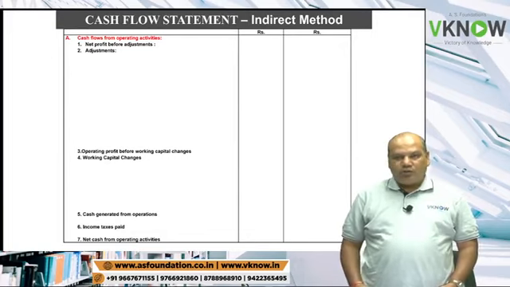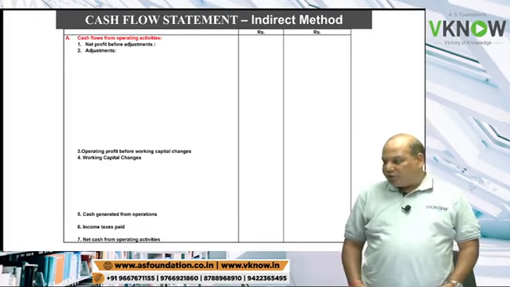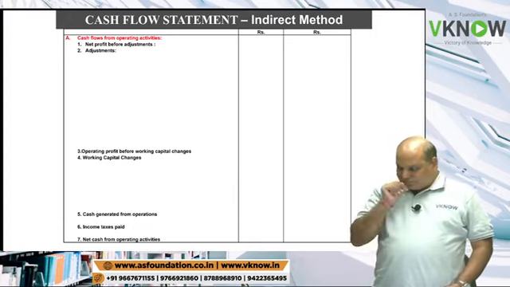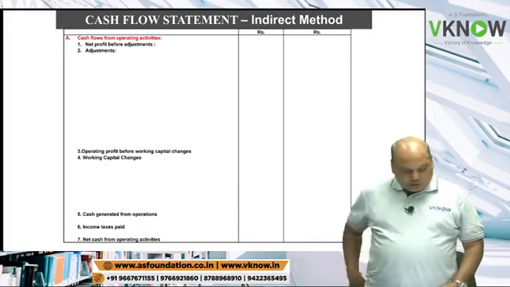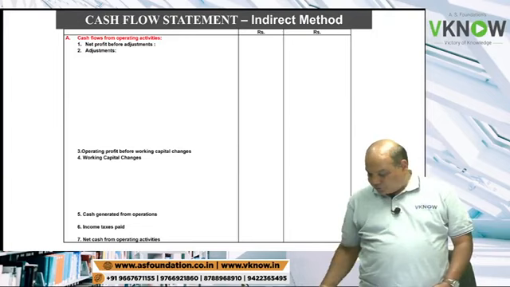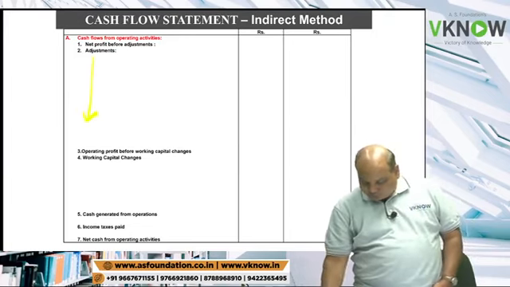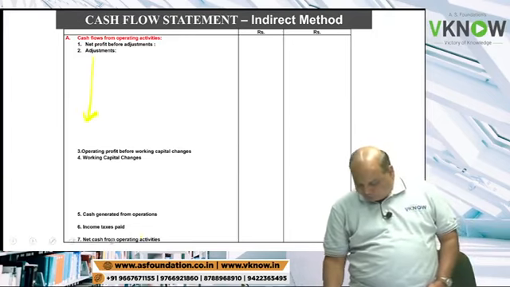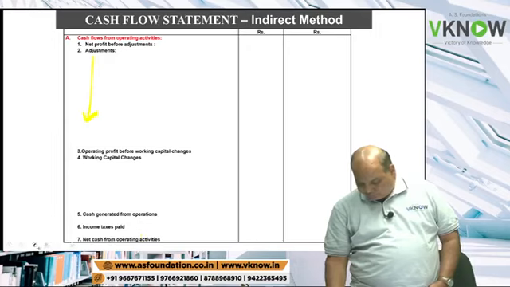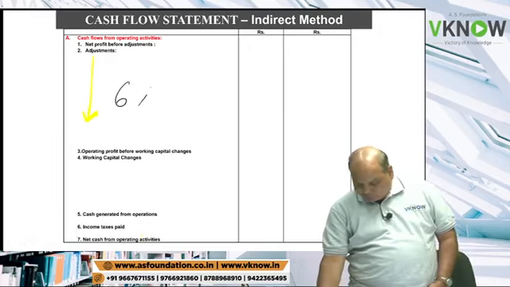One line blank. Point number 2, adjustments. Under adjustments, keep around 6 lines blank.